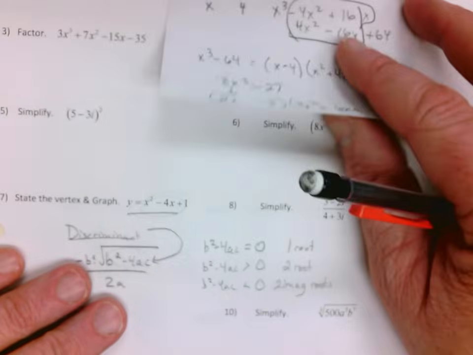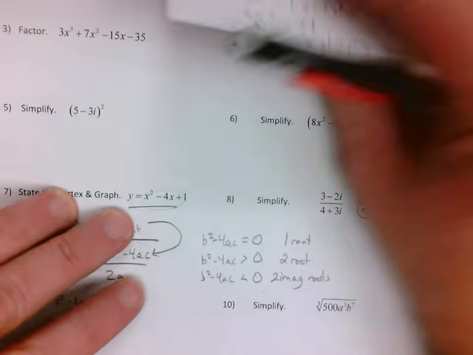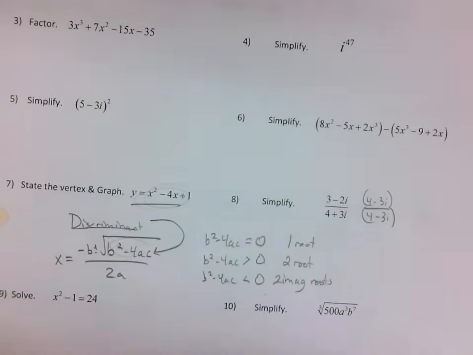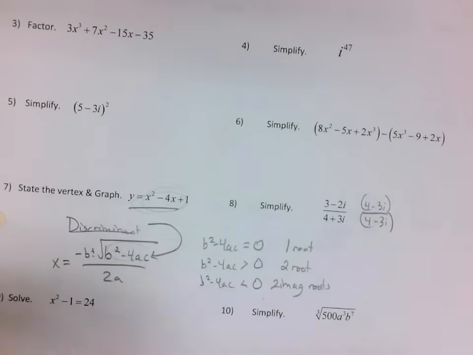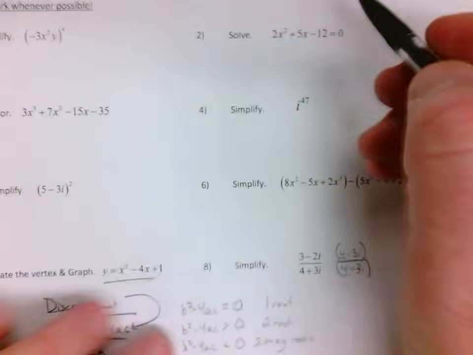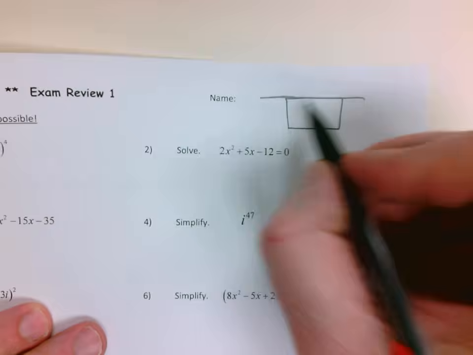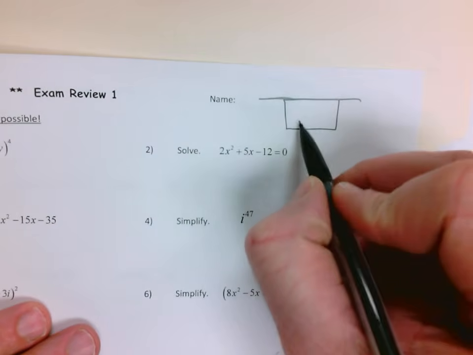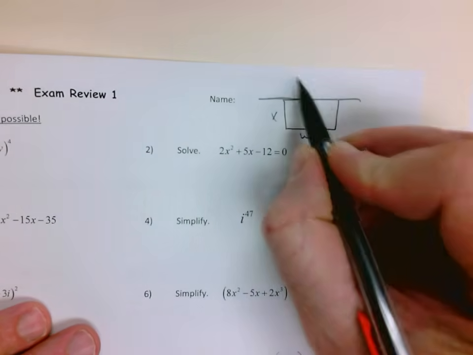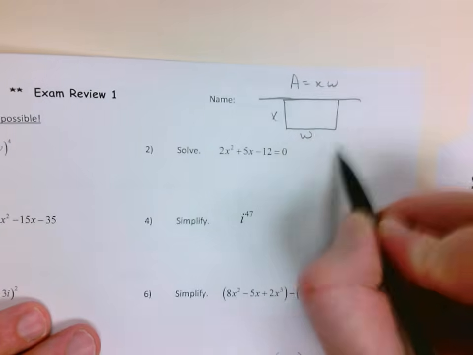Quadratics, word problems, somebody loves those. You have a rectangle. Almost all the time you have a rectangle, and you're going to write the area formula and a perimeter formula.